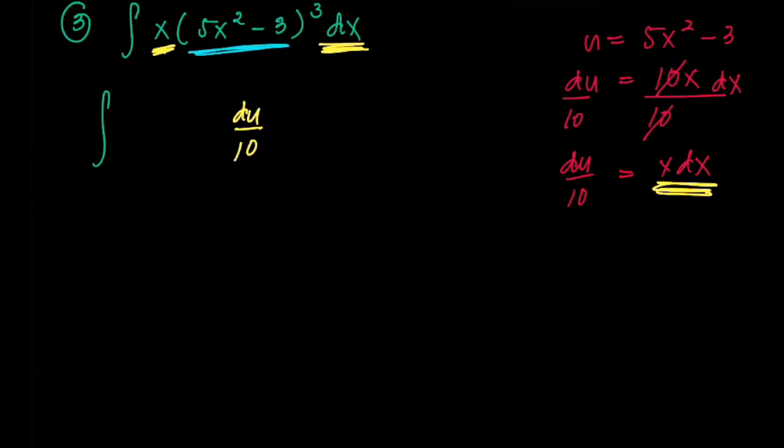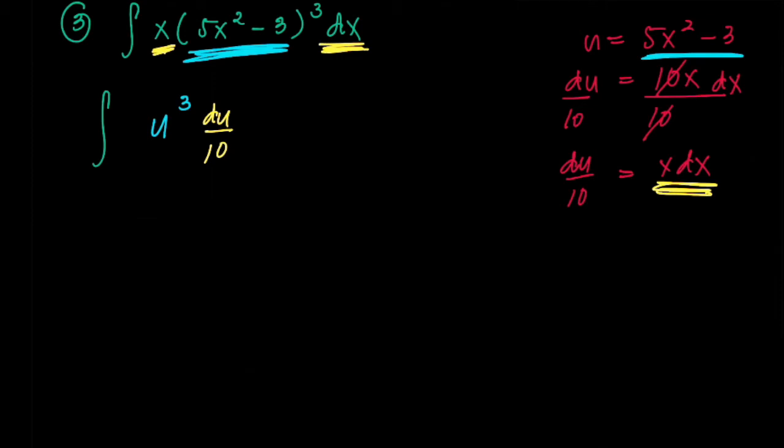And this 5x squared minus 3 is u. So let's have this u cubed. What remains for us is u, du, and we have a constant of 10.